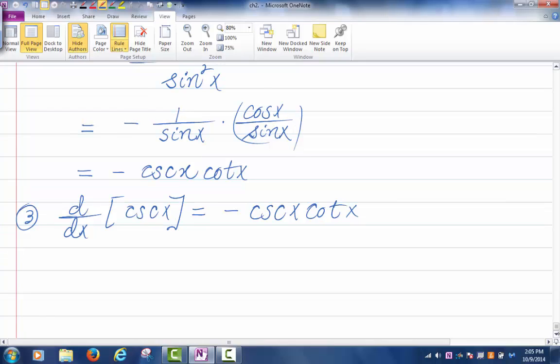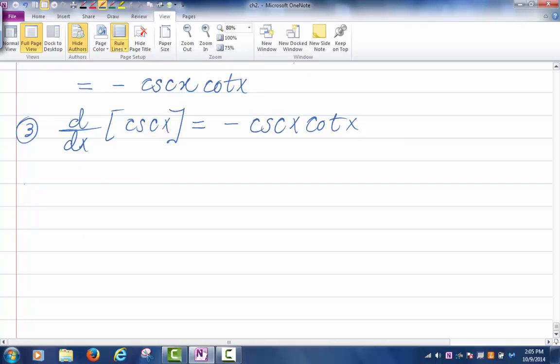You have to memorize this as well. 4, you can find the derivative of secant in a similar way. And what would that be? Secant x tangent x with a positive sign.